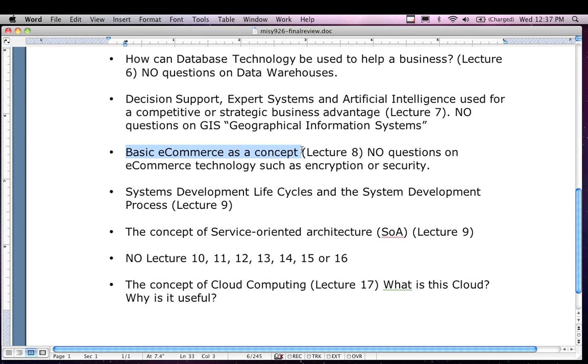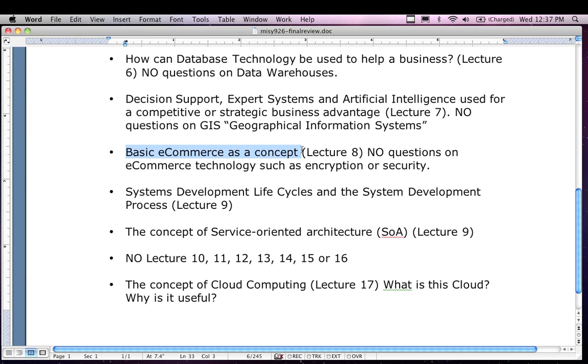Actually, I didn't do anything on service-oriented software or software as a service, SOA. Actually, I did. There is one question on service-oriented software. It's a true-false question, and it gets into the definition of it. Service-oriented software are services running as an application.